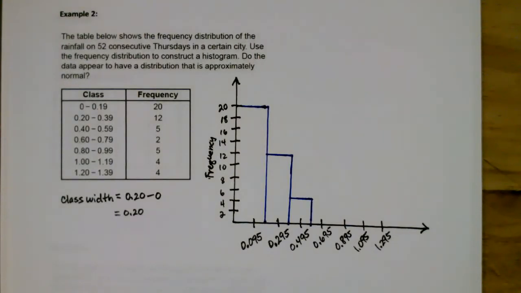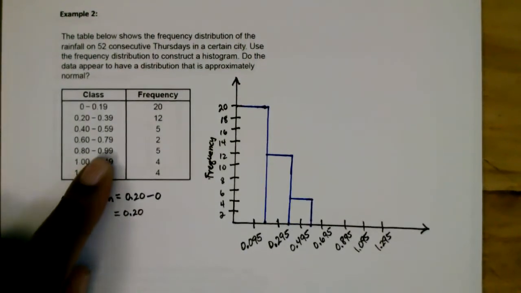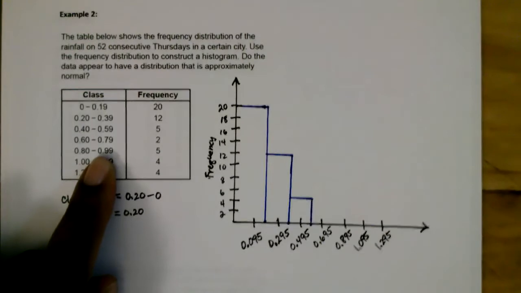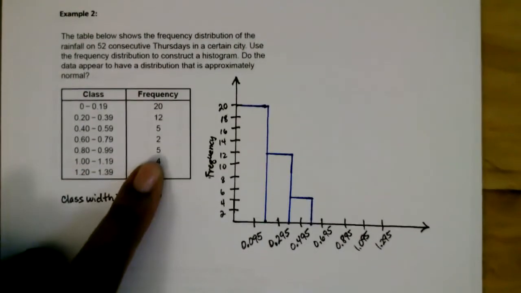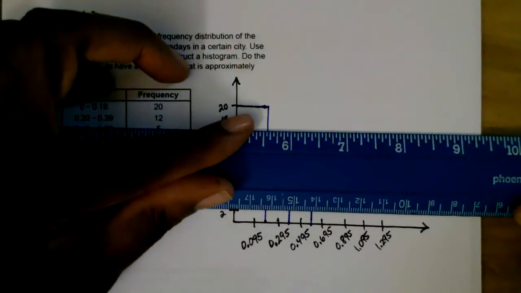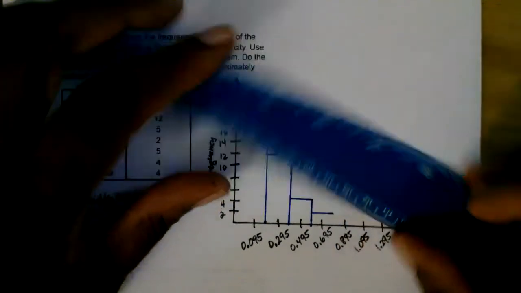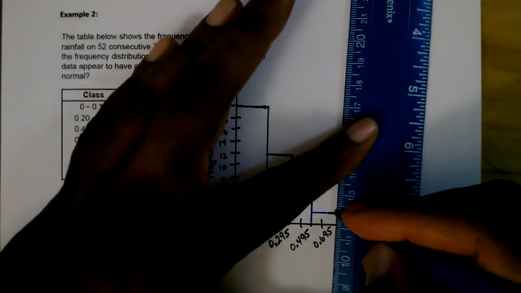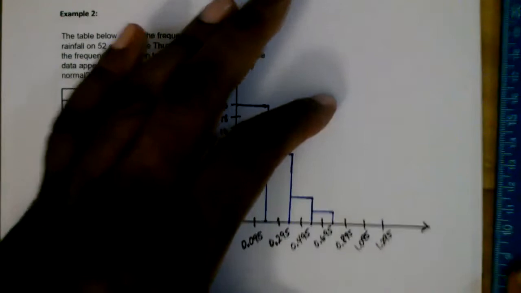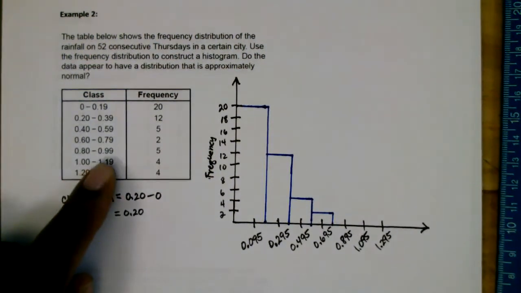And then 0.695 is the class midpoint for 0.60 to 0.79. The frequency there is 2. So at 2, I'm going to draw a horizontal line going here, and it's going to come down this way. And then 0.895 is the class midpoint for 0.80 to 0.99.